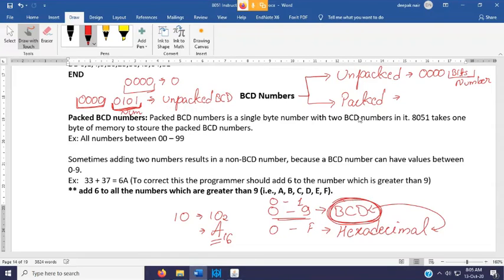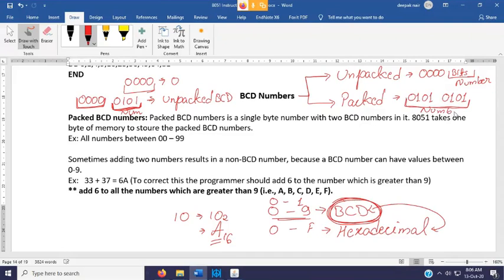Now, what is packed BCD? In packed BCD, we use all 8 bits to represent the number. For example, if we want to write 55, in that case, the number will be 0101, then again 0101. So now this is a packed BCD because you are using all 8 bits to represent the number.